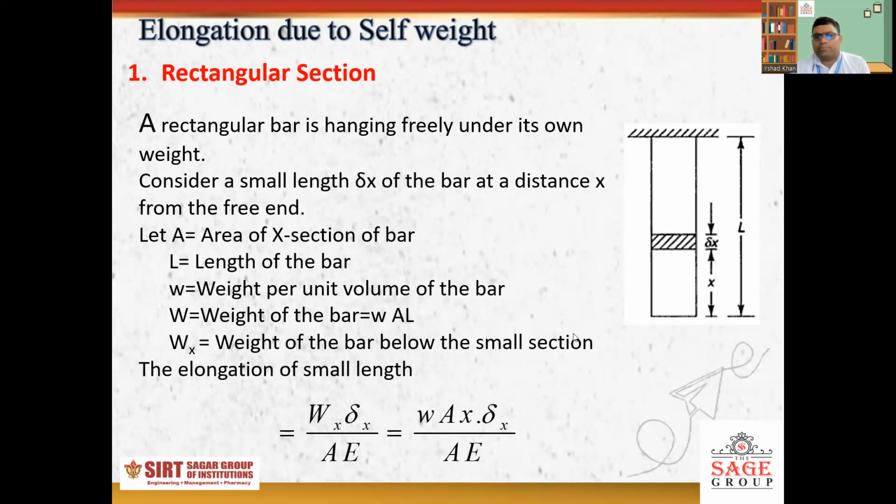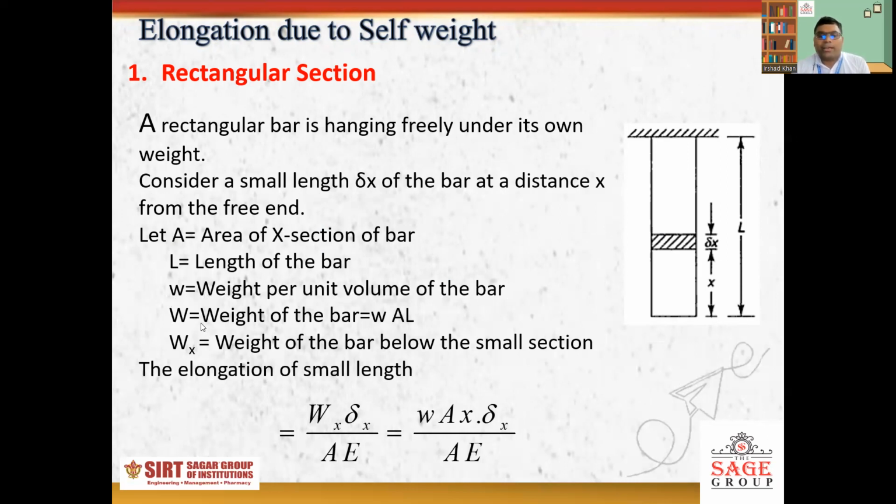Let A be the area of cross section of the bar, L the length of the bar, and small w the weight per unit volume of the bar, also called the specific weight.